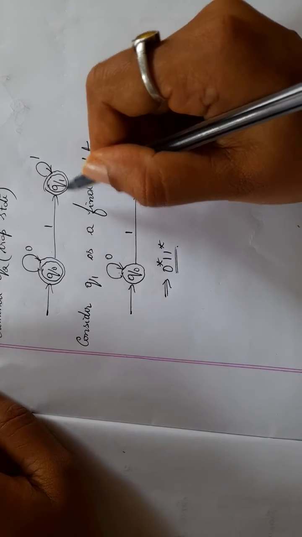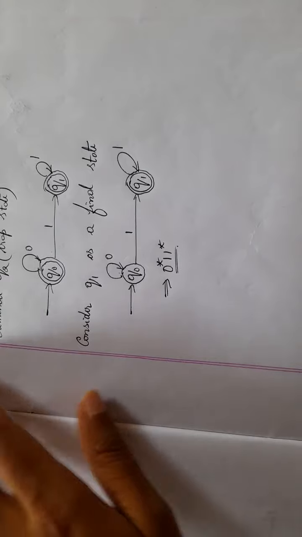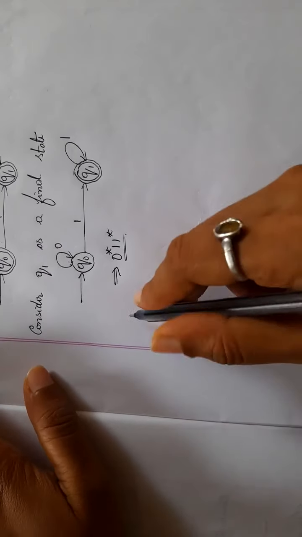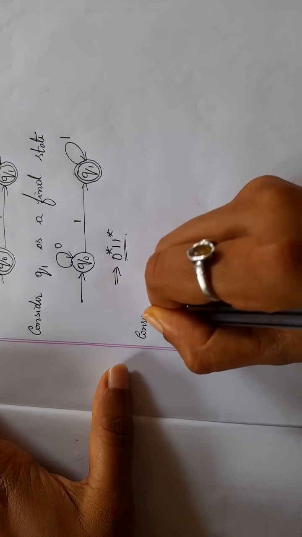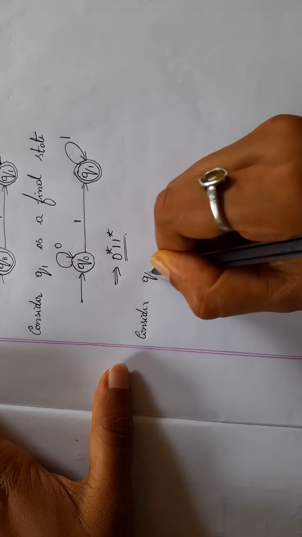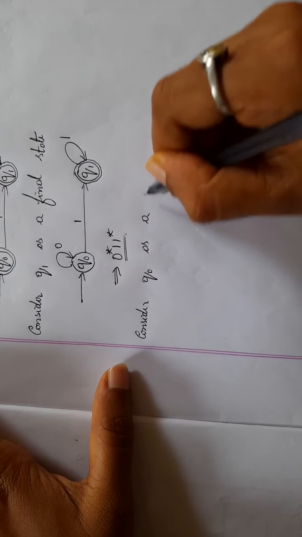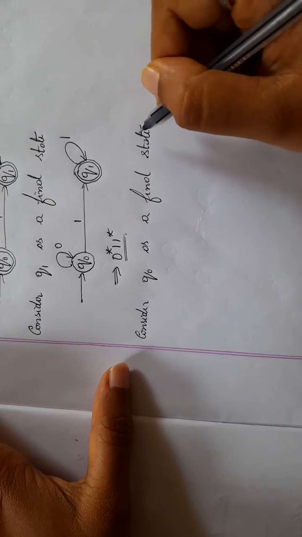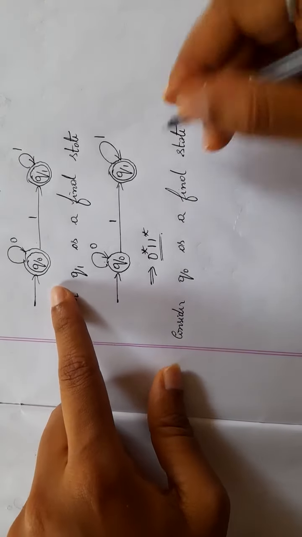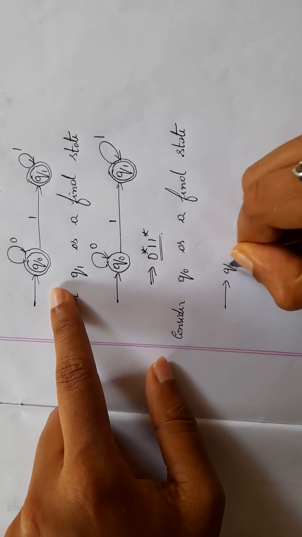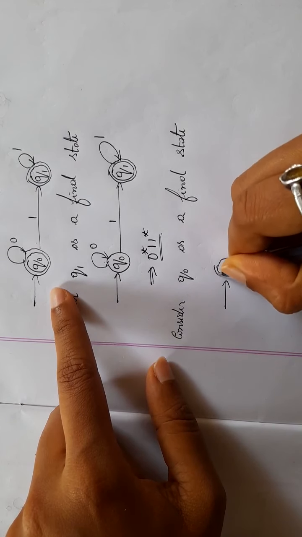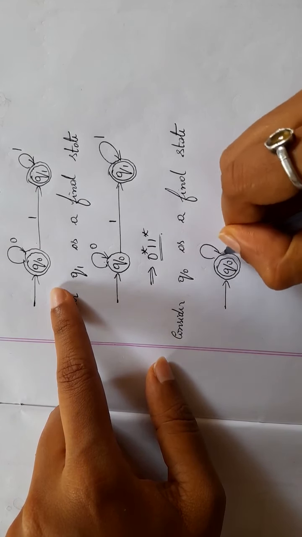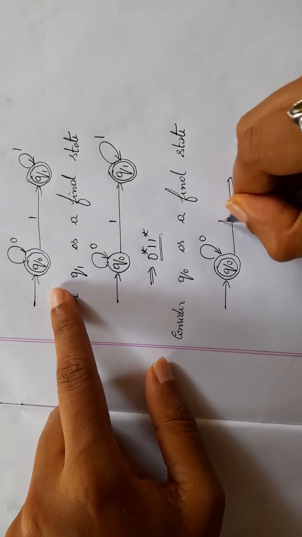Consider Q naught as a final state. So here it is Q naught, with 0, 1.